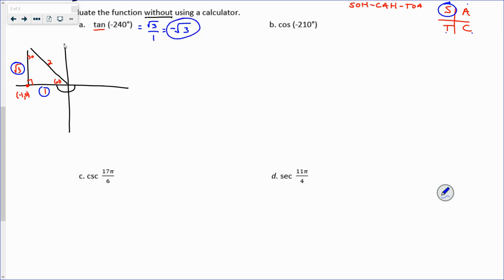Now, to check myself, I'm going to go to my calculator just to type this in and see what we get. So, believe it or not, I type in my calculator tan of negative 240. If you can, do it too on your calculator.